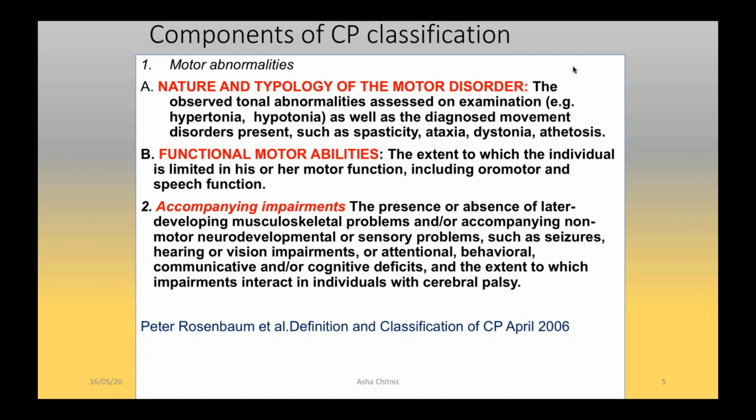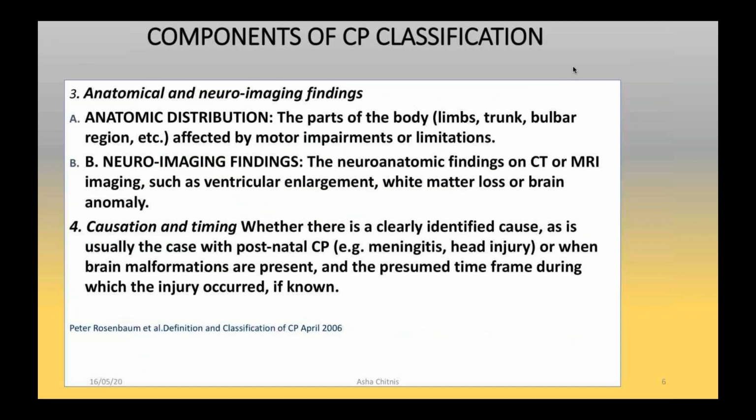And also look at neurological elements, not that we need them, but at least to understand them. And also look at anatomical distribution in the sense of quadriplegia, hemiplegia, tetraplegia. And then you need to find out what the damage is: prenatal, postnatal, or perinatal.